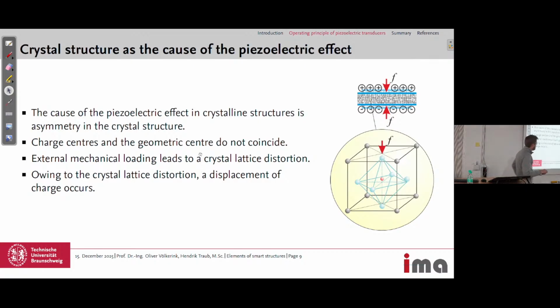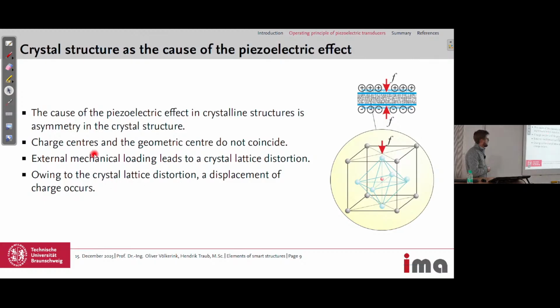If you look at this lattice, you notice that this atom here in the middle is not in the geometric middle, and therefore the geometric and charge centers do not coincide.